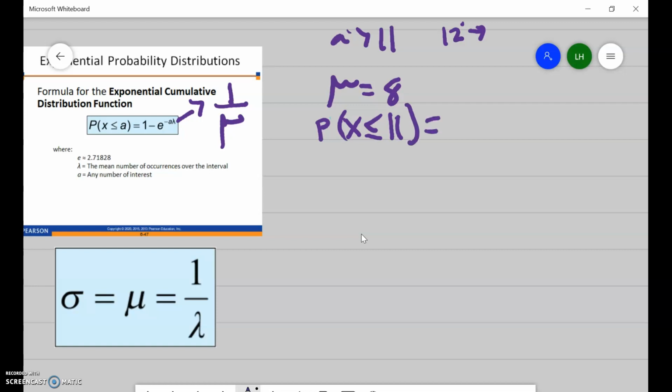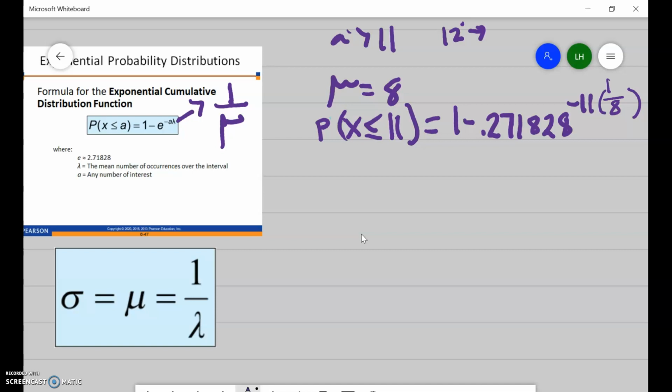So our formula is 1 minus e, which is 2.71828 raised to the negative 11 power times 1 over 8, which would be a negative 11/8.